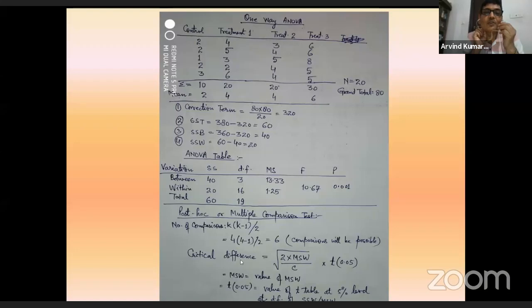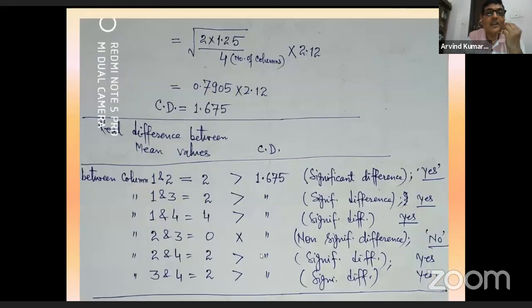Since in this particular case 4 columns are there, 4 into 3 by 2, that is 6 comparisons will be there. Then I have written the formula that is used to get the critical difference. Here I have calculated the critical difference. This critical difference has come 1.675.